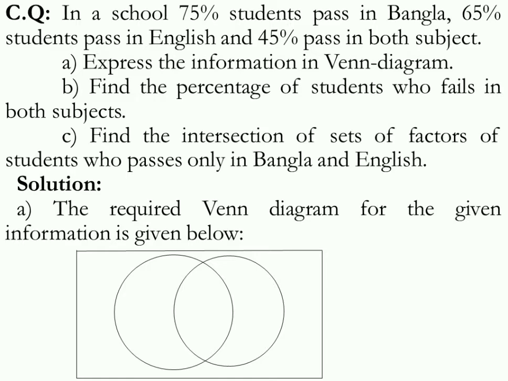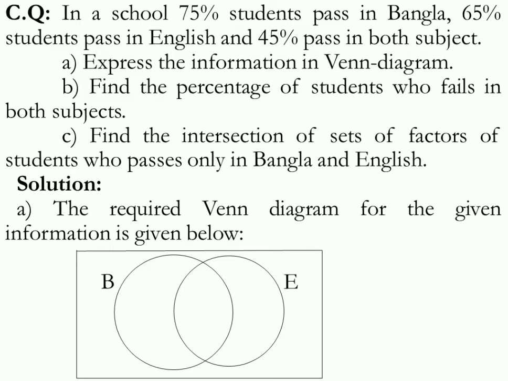That means in both subjects, the percentage of students who pass, we have to show in that common space. Now let us name these two circles. As one subject is Bangla, let us name one circle B and another E.